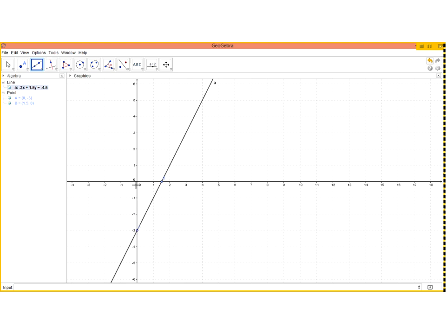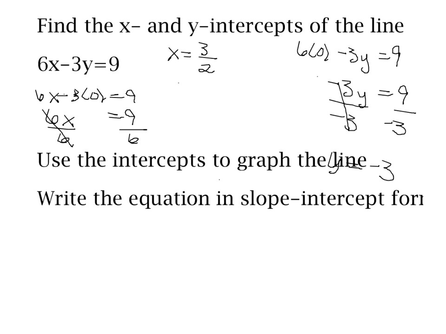Now what I need to do is calculate rise over run. So my rise is 3, and my run is 3/2. Now, it was uphill, so it's going to be positive.